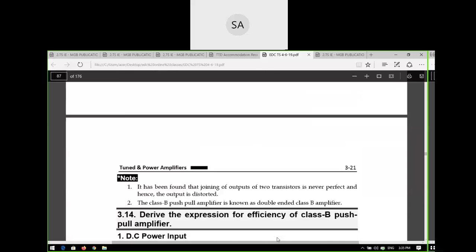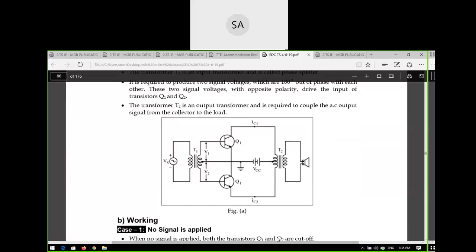Is it clear? For example, when Q1 is on, it will not be perfectly on at that time, and Q2 is also off, but it is also not perfectly off. So some conductivity is present in Q1 and also some conductivity is there in Q2.